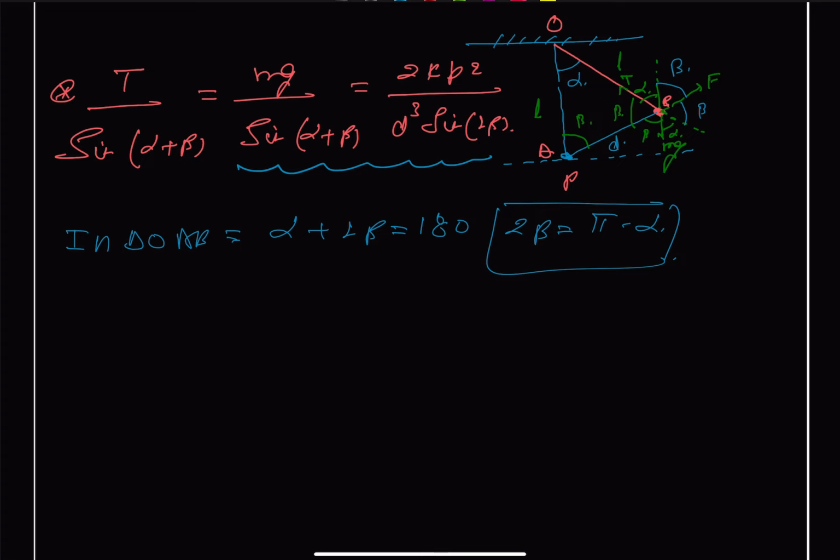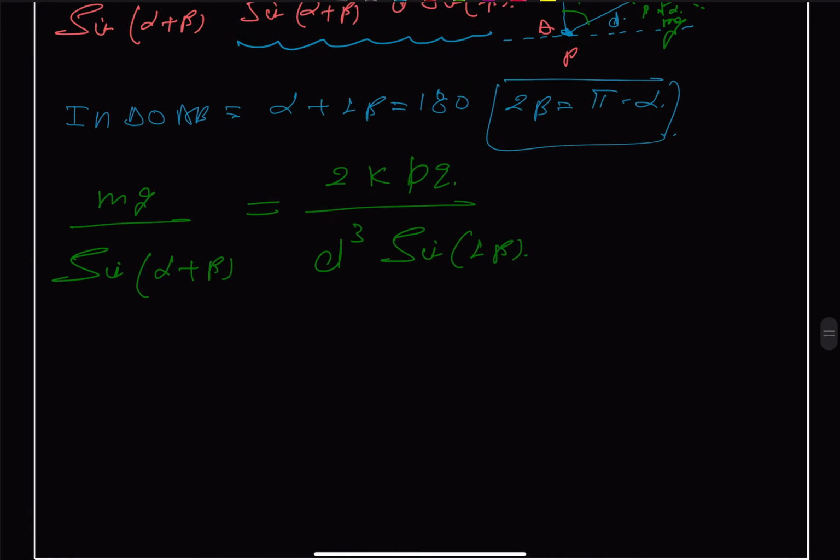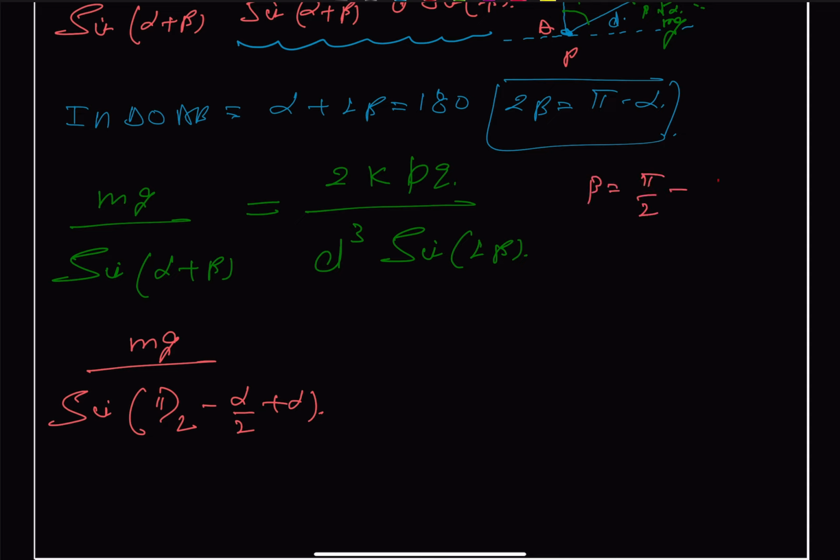So we can write that mg upon sine of alpha plus beta is equal to 2kpq by d cube sine of 2 beta, and this can be written as mg upon sine of pi by 2 minus alpha by 2, sorry, alpha by 2 plus alpha, because here we know our beta will be equal to pi by 2 minus alpha by 2.